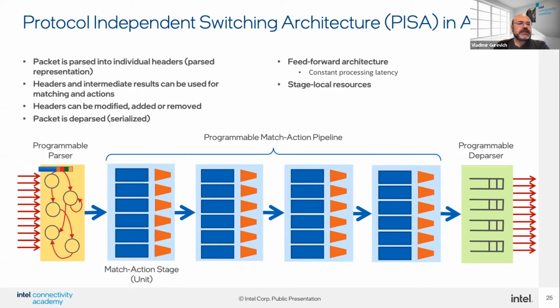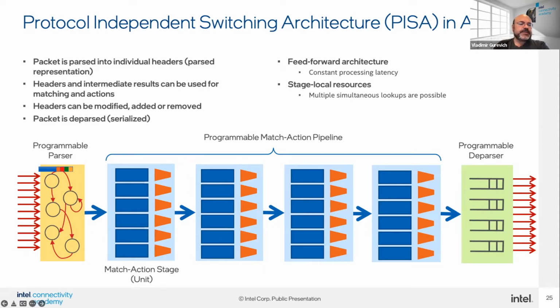The resources are typically stage local. That facilitates proper hardware design. Unlike software, where any piece of the program or any process potentially can go to any location in the memory, it is very, very, very difficult to do at high speed. So we tend to keep resources closer to the processing units.